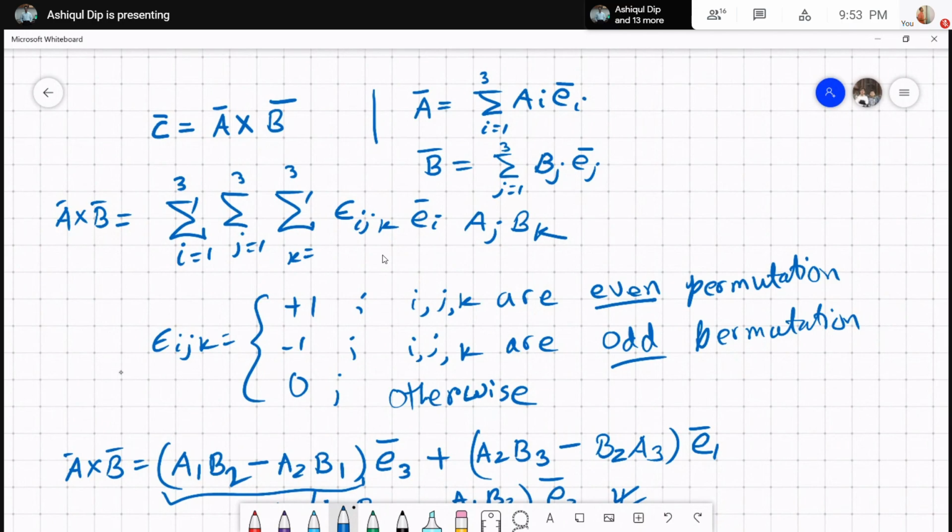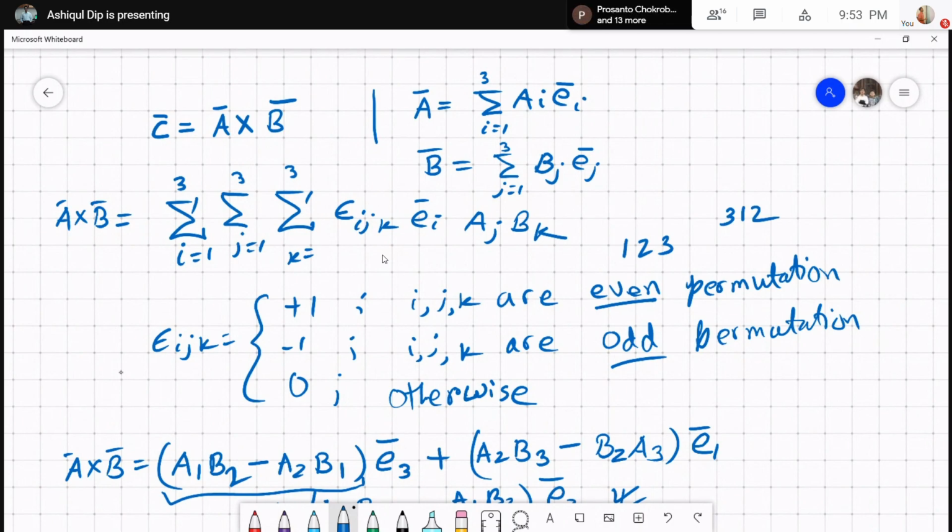Even permutation means any permutation you can get from 1, 2, 3 by an even number of successive switchings of two indices. If you need an odd number of switchings, that is an odd permutation. When you have, say, 3, 1, 2, how many switchings do you need?